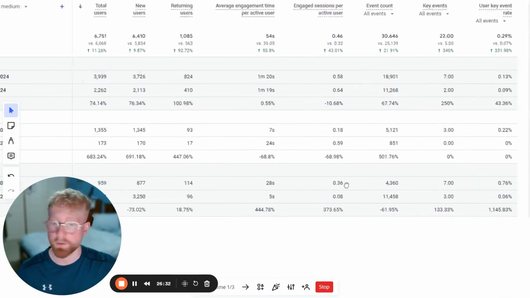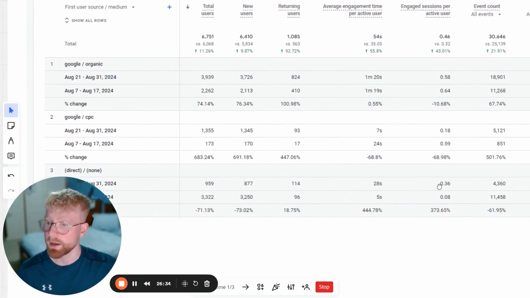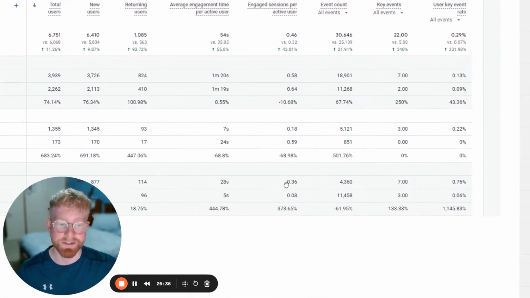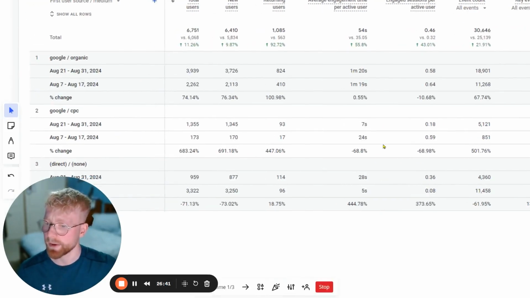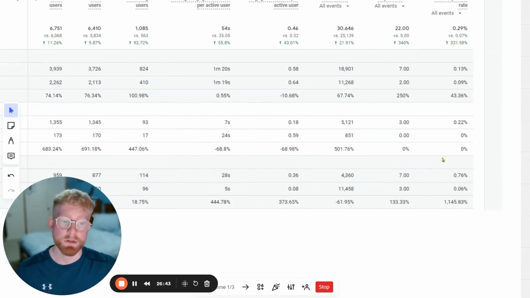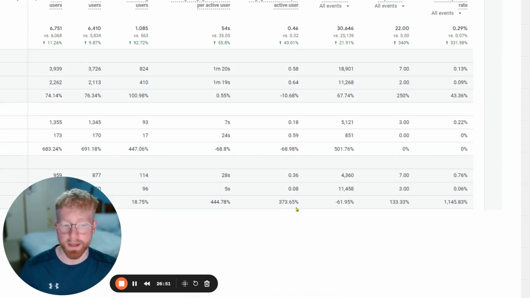Then we have a look at paid search, and paid search actually fell, interestingly. Sorry, no, it didn't fall. My bad. It also increased. We saw an additional 3 conversions, and those conversions actually came from the search campaigns as well as the YouTube video campaigns.